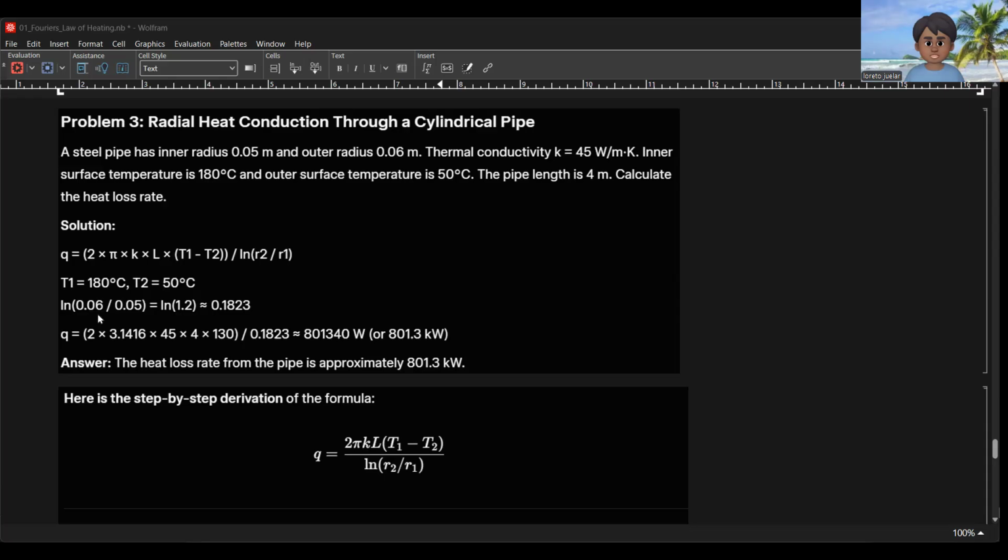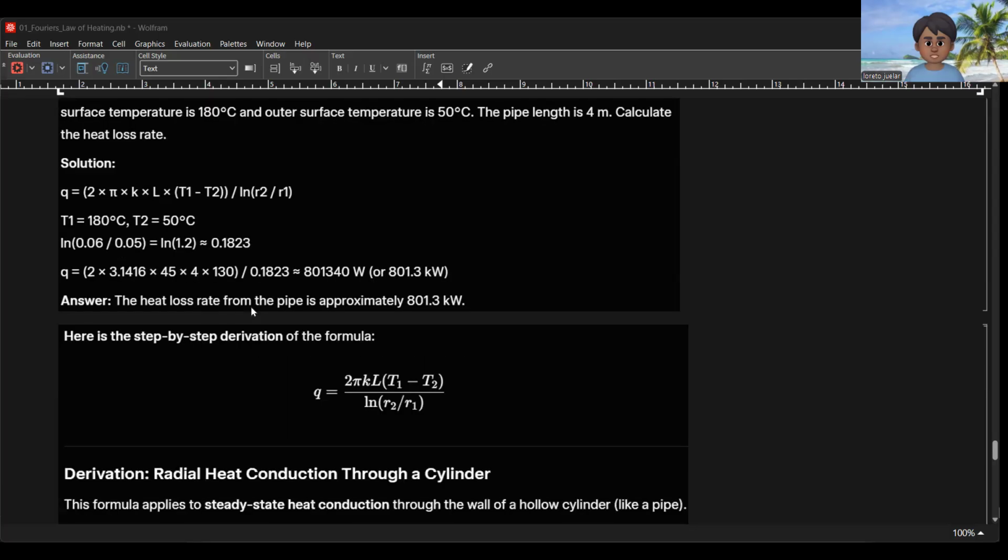So our ln of R sub 2 over R sub 1 is ln of 0.06 over 0.05. So this is equal to 0.8 centimeter. So the Q now by substitution, the heat loss rate from the pipe, is approximately 801.3 kilowatts.